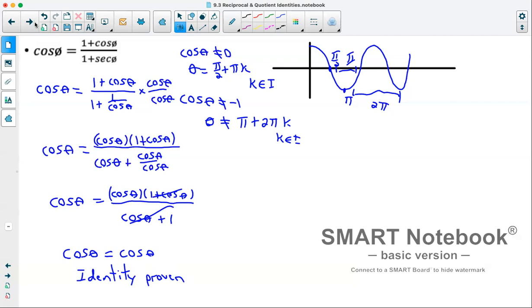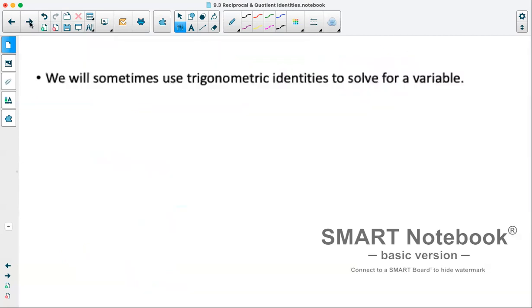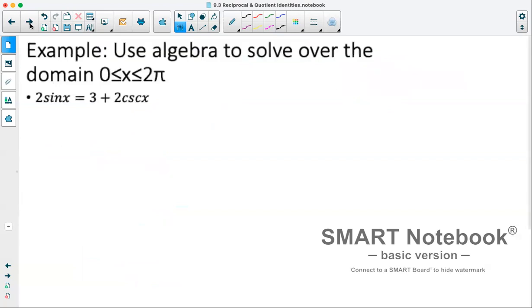Okay, so next we'll look at solving utilizing our identities. Sometimes we'll have to use our trigonometric identities to solve for a variable. So, for example, use algebra to solve over the domain from 0 to 2 pi: 2 sine x equals 3 plus 2 cosecant x. Whenever we are solving, we typically want to have sine, cos, and tan, because we're able to use those in our calculator.